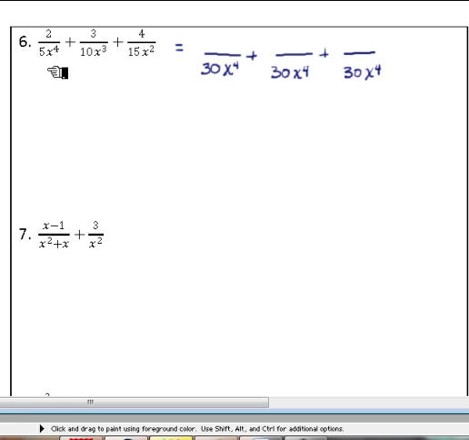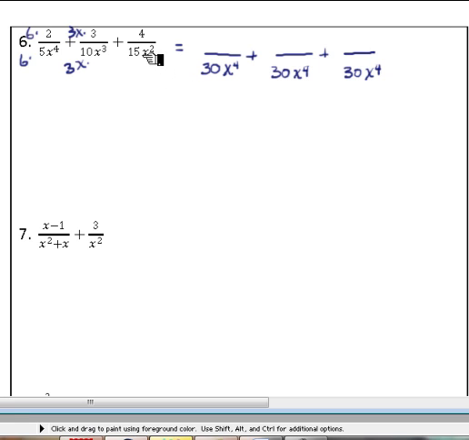All right, in order to change this to an equivalent fraction with this denominator, we will have to multiply by 6, numerator and denominator. Here we have to multiply by 3x, numerator and denominator.